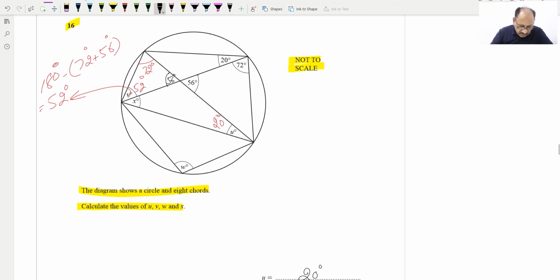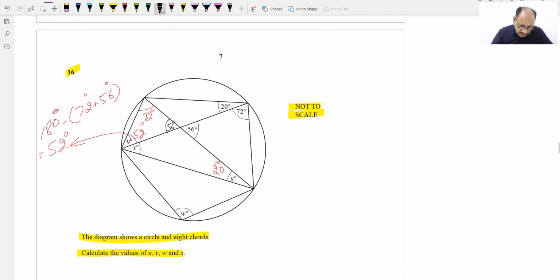The remaining are 2 angles which we can find. So which other angle we can consider? We can consider basically another angle. Which angle we can consider is this angle.